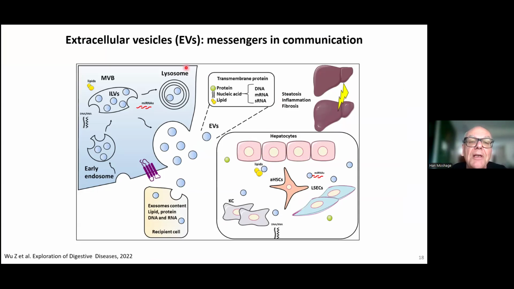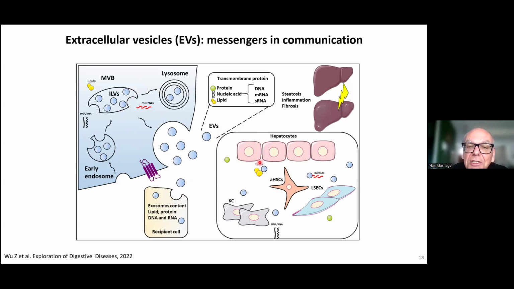Once again, extracellular vesicles are released from the source cell. They contain components that are taken from the source cells, and they travel to target cells that can be hepatocytes, stellate cells, Kupffer cells, sinusoidal endothelial cells. The content of these vesicles, as I mentioned, are proteins, enzymes, RNA, DNA, but also hormones and cytokines.